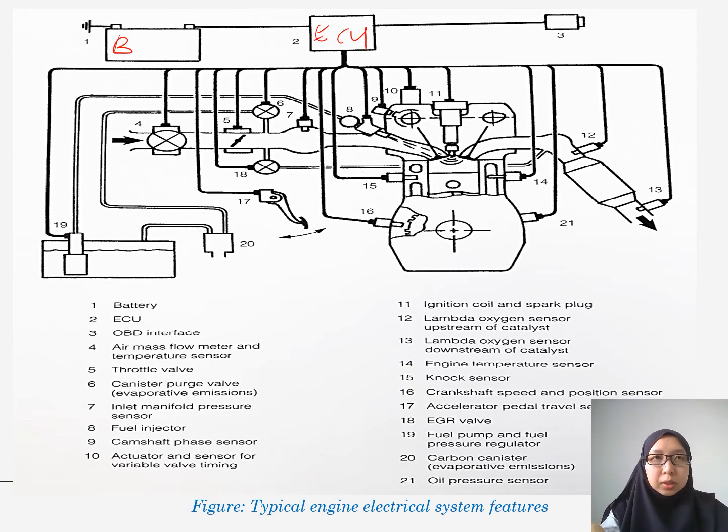This one, for example, is the engine system. This ECU will control the air mass flow sensor, the throttle valve, the camshaft phase sensor, and so on. And the third here is the OBD interface. This is the onboard diagnostic interface, where we can know if some of the systems have a fault.